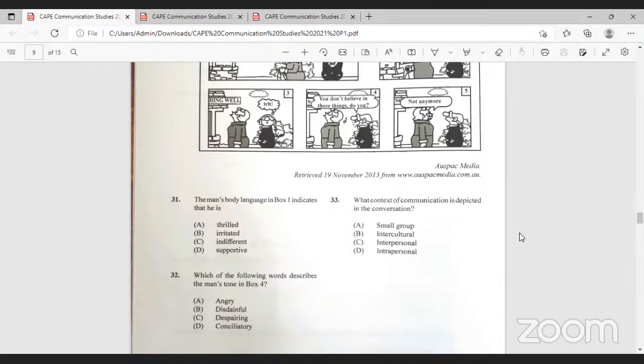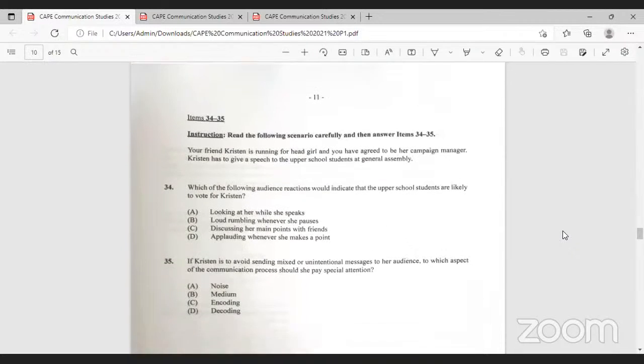Like you can't believe that she's superstitious, basically. 33, what context of communication is depicted in the conversation? Is it small group, intercultural, interpersonal, intrapersonal? That one is straightforward. 33 is C. All right, so 31 is C, 32 is B, and 33 is C, interpersonal.